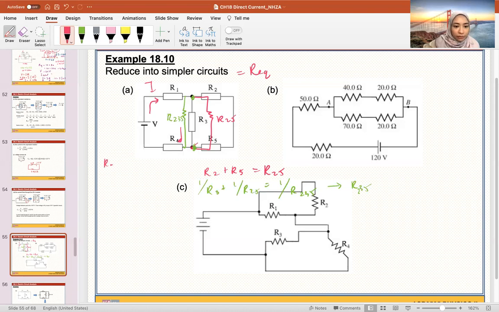So the R equivalent for the whole circuit is R1 plus R235, which is how we got over here, plus R4. So this is your total R. And R235, you got it from here. So that is your first one.